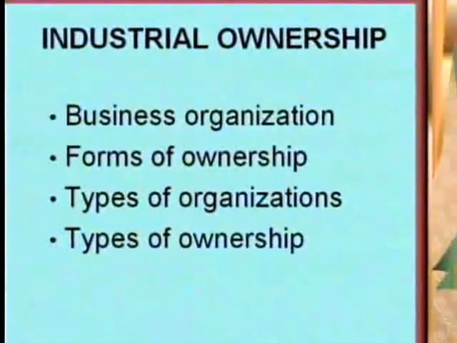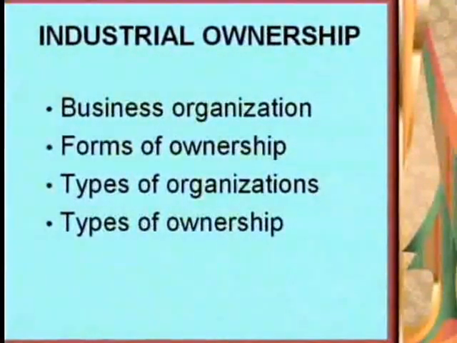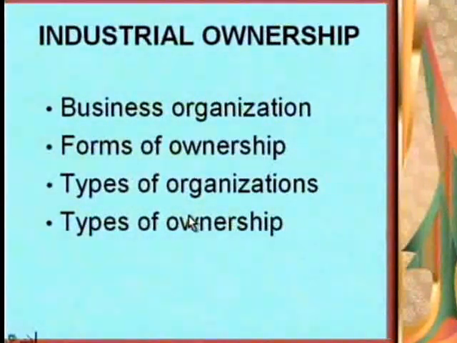We are going to start our discussion with industrial ownership, functions of management and principles of management. Business organization, forms of ownership, types of organization and types of ownership all convey the same meaning for industrial ownerships.